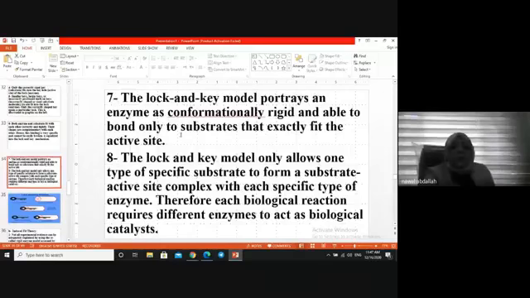This model is conformationally rigid and able to bind only substrates that exactly fit the active site. If the substrate shape does not fit the shape of the active site, it cannot be done by this mechanism.